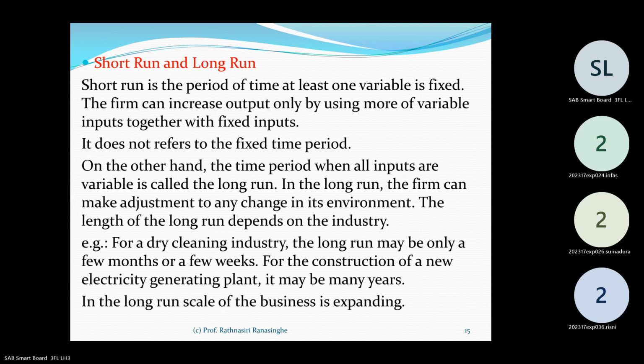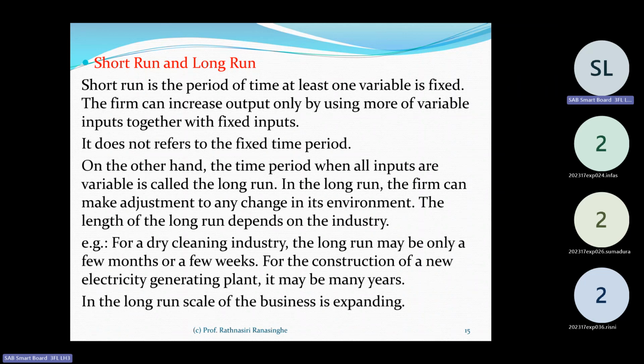That increases the capacity of the business. That means we expand the business in the longer term. That means all the factors are variable. There is no fixed and variable problem in the long run.